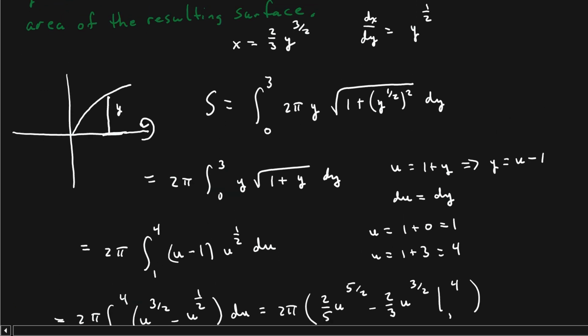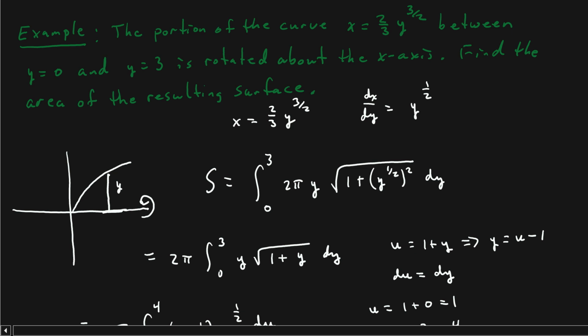Now, as far as setting this up the other way, I don't know if it would be any better. If you solve this for y, it would probably be worse if we did it that way. You would have 3/2 x to the 2/3 equals y.